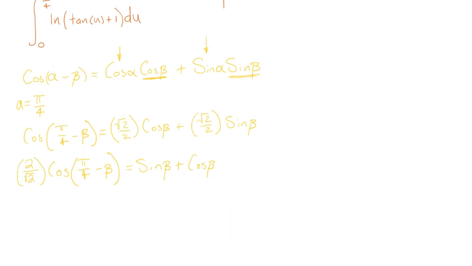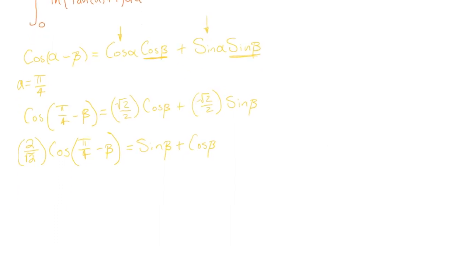Now, just a matter of simplification, notice here that 2 over root 2, if we multiply the numerator and the denominator by root 2, then we will just get 2 root 2 over 2, and this is equal to root 2. So I will just rewrite that right here. Well, cool.